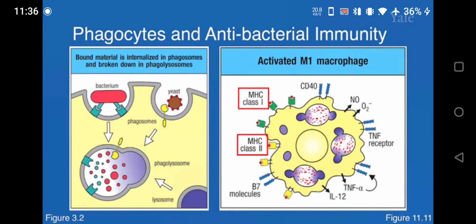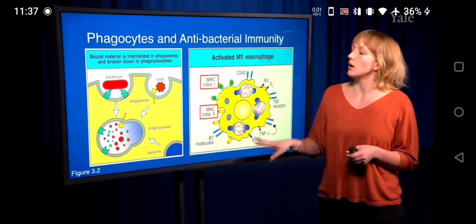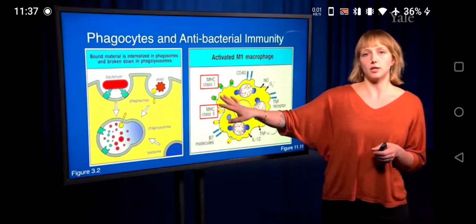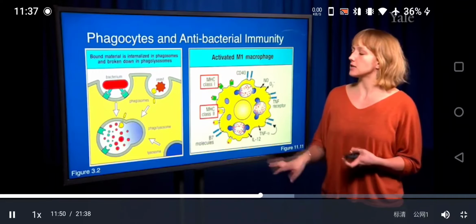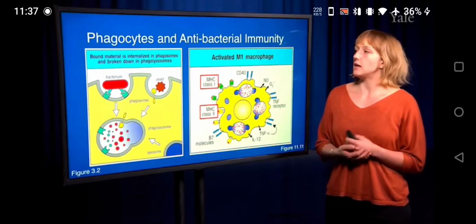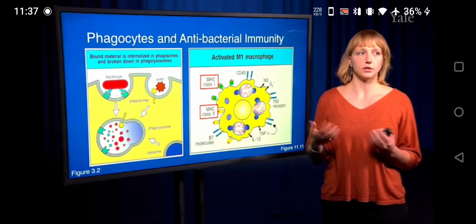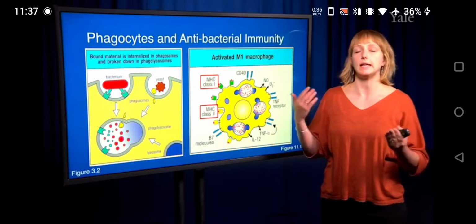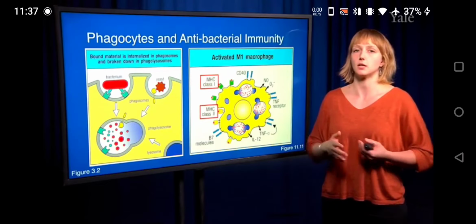So APCs, as you know, such as macrophages, will present the antigens of the invading pathogen on their MHC class I molecules to CD8 cells and on their MHC class II molecules to CD4 cells. And these APCs are very critical in creating a bridge between the innate and adaptive immune responses during a bacterial infection.